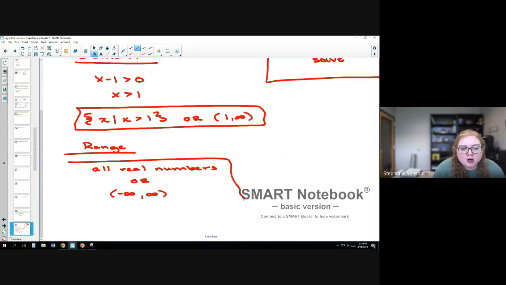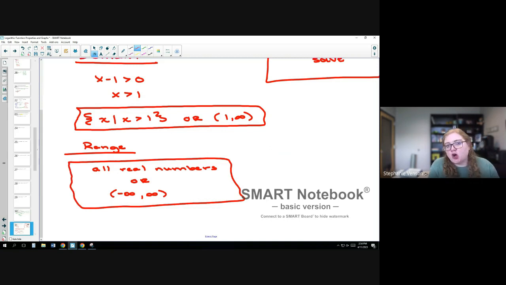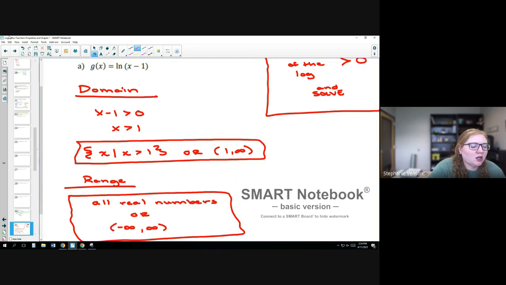The nice part about logarithmic functions is that you never have to think about the range at all. The range is always negative infinity to positive infinity or all real numbers. So there's your first example, example 7a, for domain and range of a logarithmic function.